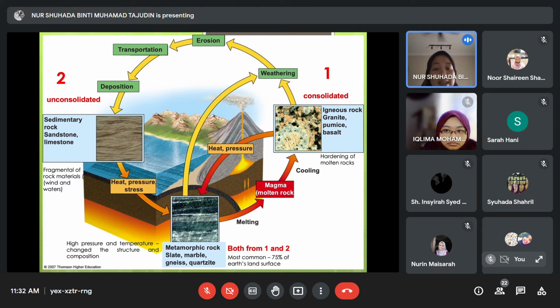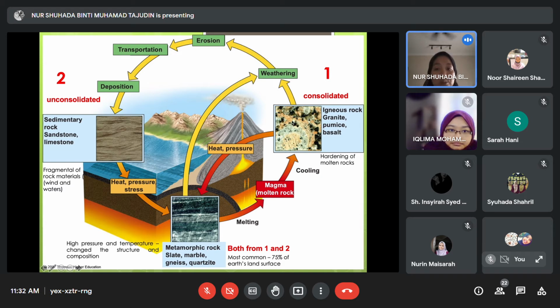Okay, second type of rock, kita ada what we call as, okay, sorry, this is metamorphic rock. Then we move to igneous rock. Igneous rock is, saya terbalik, sorry. Metamorphic rock is rock that is caused by high pressure and temperature. Okay, so igneous rock is also by heat and temperature. Okay, dia dua yang berbeza.